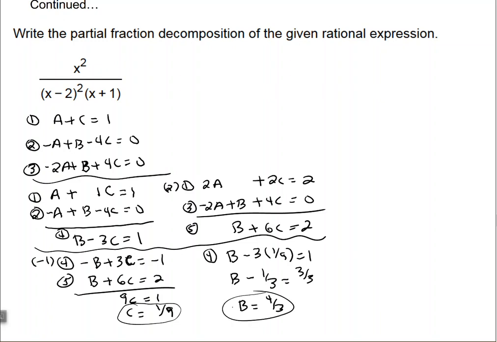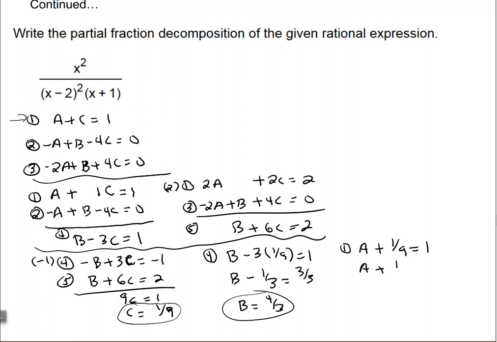We also need the value of A. So if you go back to our original equation 1 up here, it says A plus C equals 1. So A plus 1/9 equals 1.